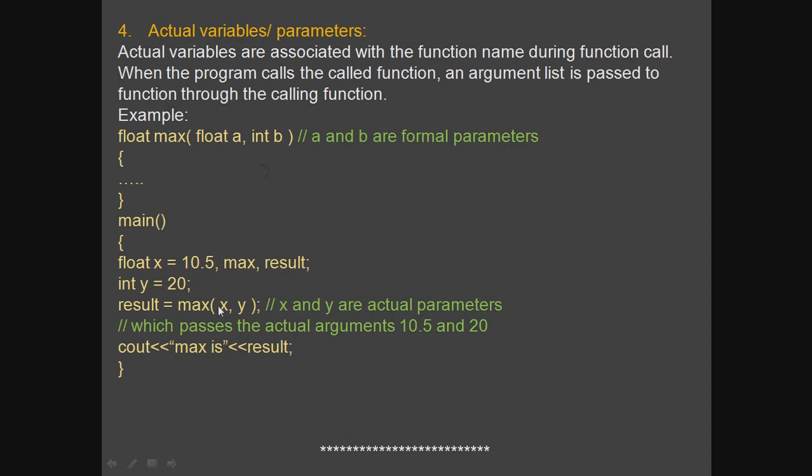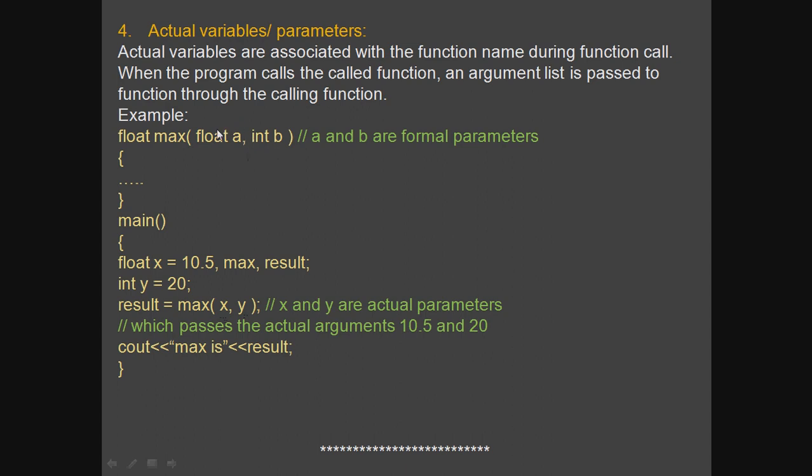So the order of arrangement of the values also matters. Suppose x is float and y is int, right? Now if you interchange this like this, int b, float a, clear? That will not match with the passing of the values from float, int to int, float.